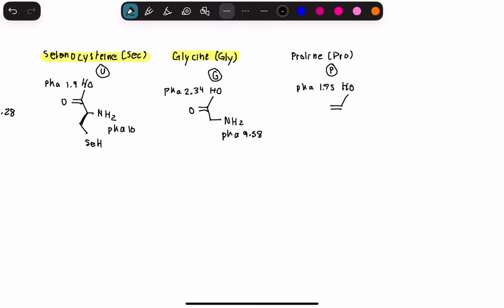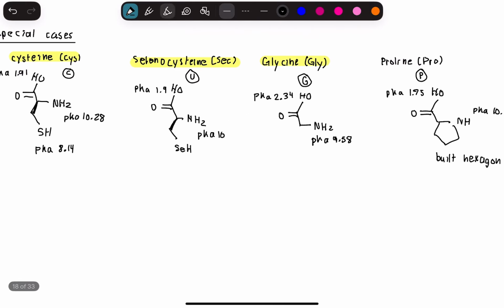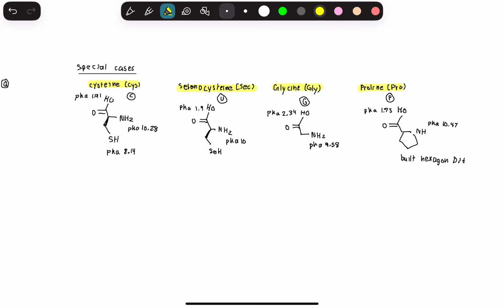This splits into O, and then we have this pentagonal shape, NH, and your pKa is going to be 10.47, and this one is built with the hexagon, so you can remember that is different, right? And now those are our special cases. So we have 4 special cases.